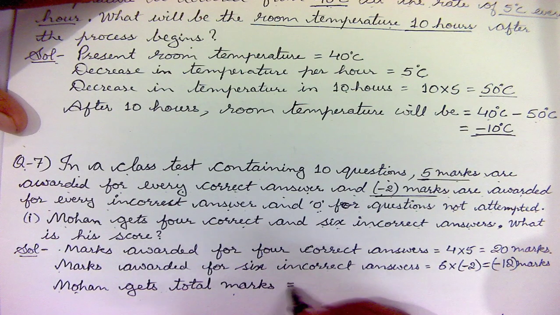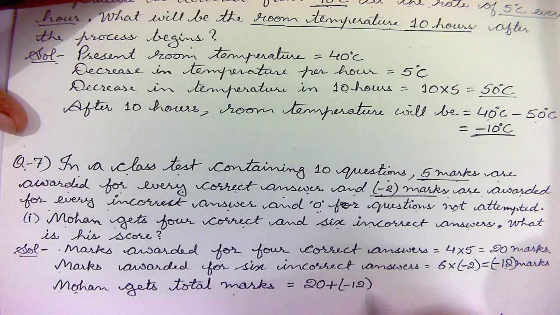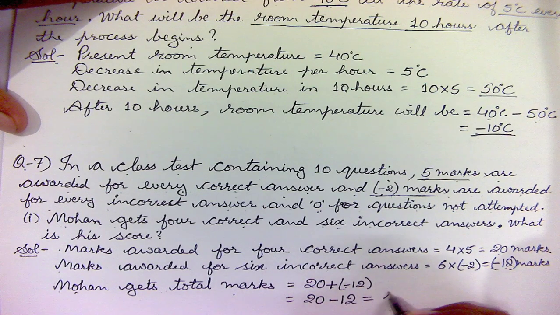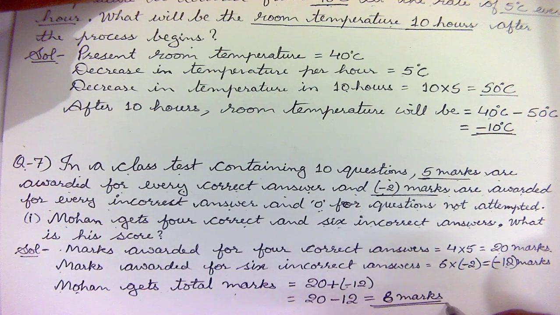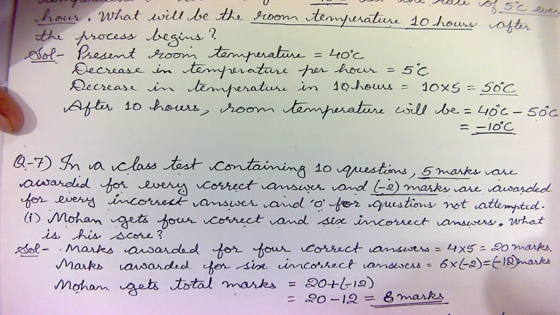So score of Mohan is 20 marks he gets for correct answers plus minus 12 marks he gets for incorrect answers. So it is 20, now plus minus will be minus, so 20 minus 12. So what is his score? He gets 8 marks in total. This is the score of Mohan.